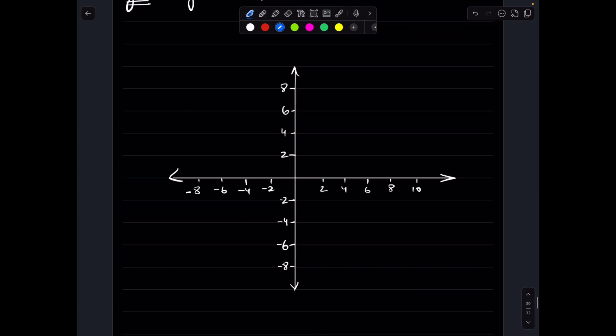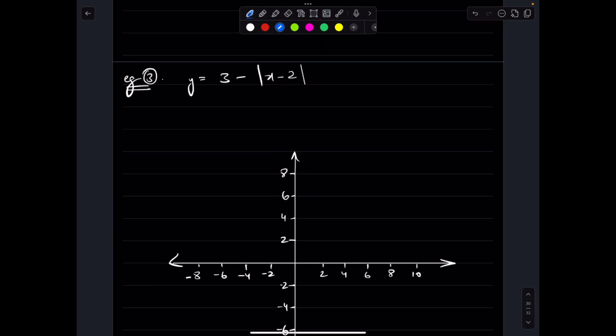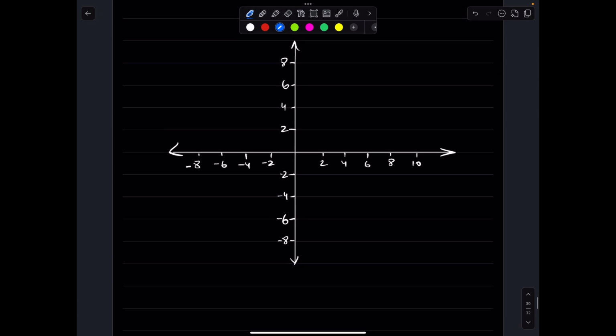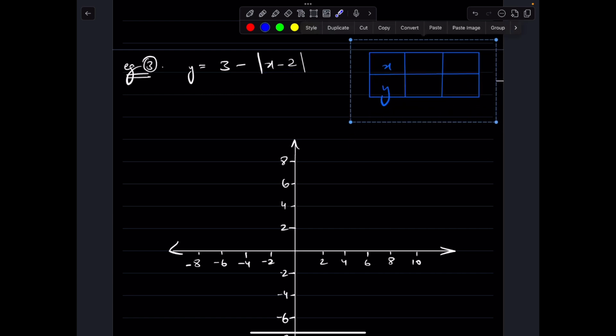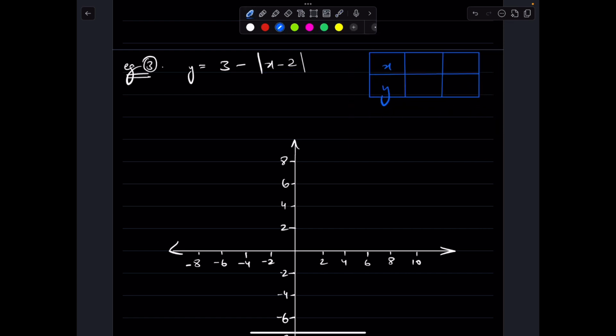So our last and final example, I hope. No, wait, it's our second last example. So the first step in this case would also be to draw this graph. Make this table. When x is 0, y is minus 2.